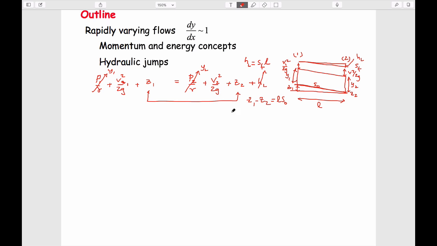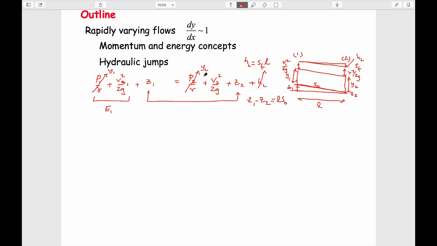And so all this does is it allows us to write Bernoulli not in terms of abstract pressures and elevations and energy drops, but in terms of physical things that are present within the system that we can measure. And our modification of this was to write this in terms of a term which we called the energy upstream.